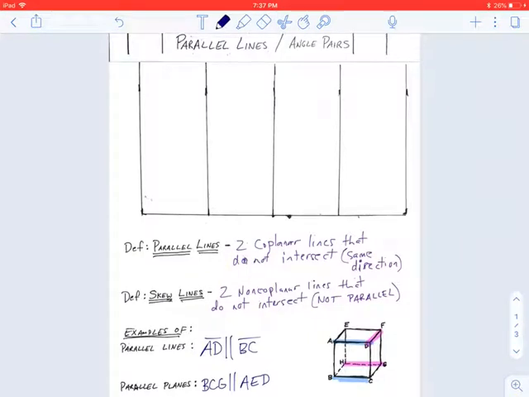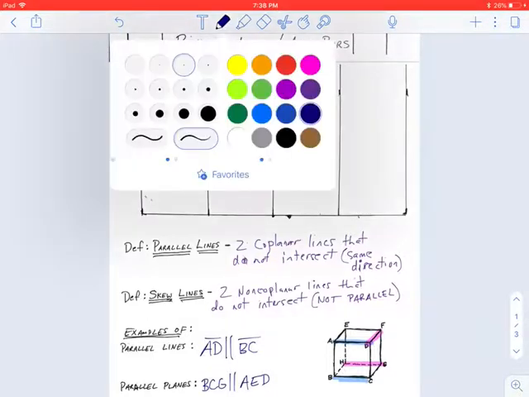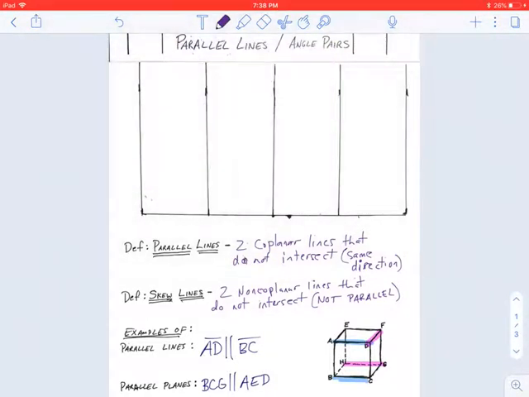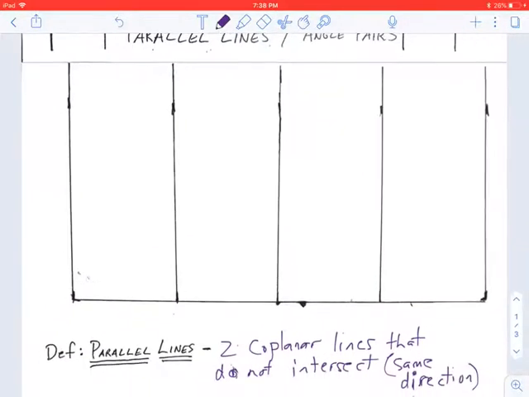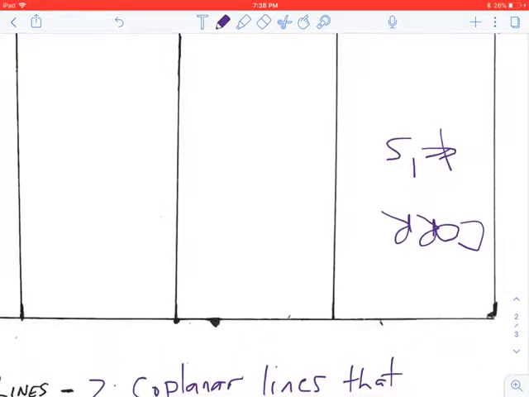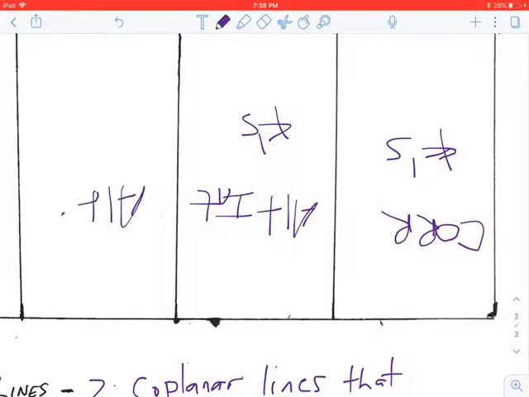We will label these now, I guess. You just got to make sure to go backwards. So I'm going upside down right now. So this is kind of confusing looking probably. So this first one is corresponding angles. The second one is alternate interior angles. The third one is alternate exterior angles.